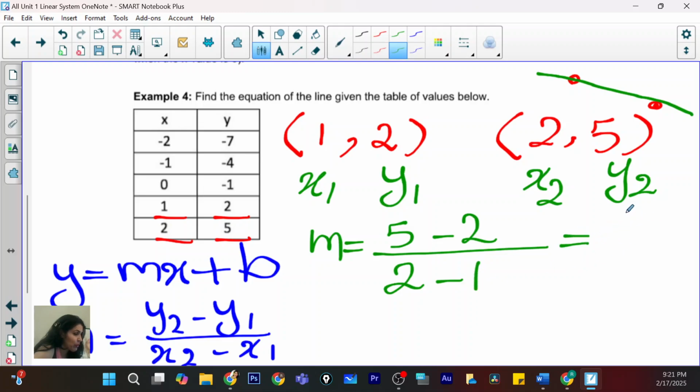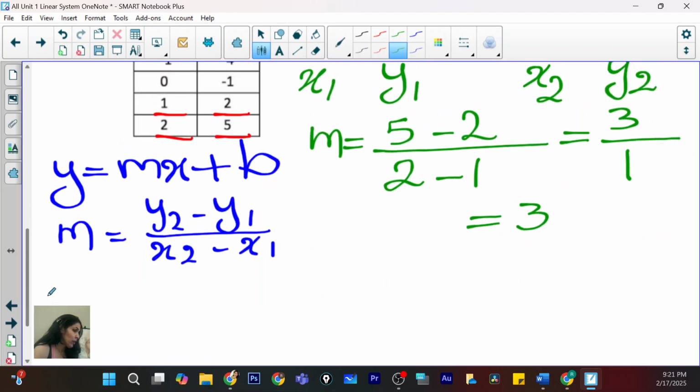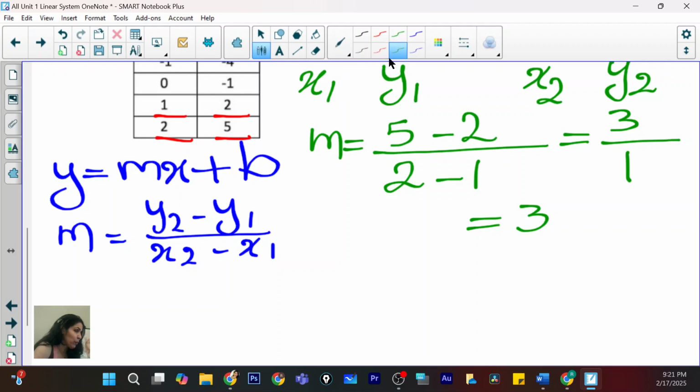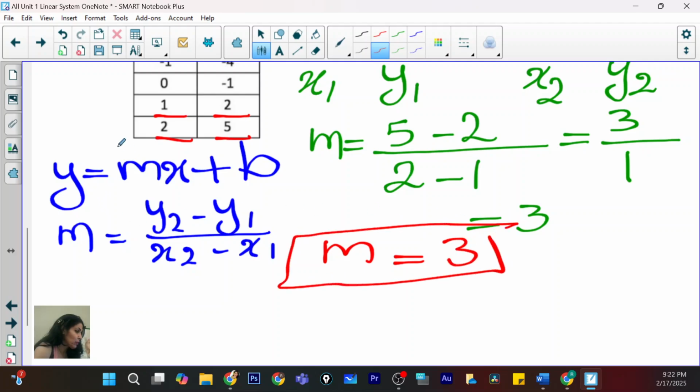So it's going to be 5 minus 2 is 3, 2 minus 1 is 1. 3 over 1 is equal to 3. So we have a slope m, a slope is equal to 3. So it means that the slope is 3.